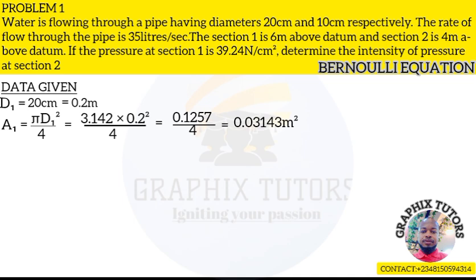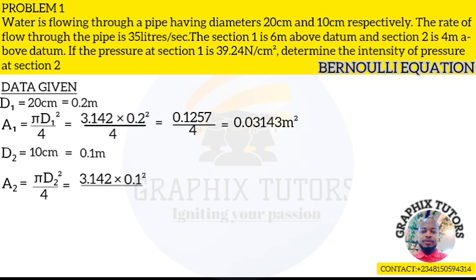Now, for d sub 2, we're told it is 10 centimeter, right? So converting it to meter means dividing by 100, so we have 0.1 meter. Now, calculating the area at section 2, A sub 2, will be pi d2 square over 4, which means 22 over 7, that is 3.142, times d2, which is 0.1, square, divided by 4.